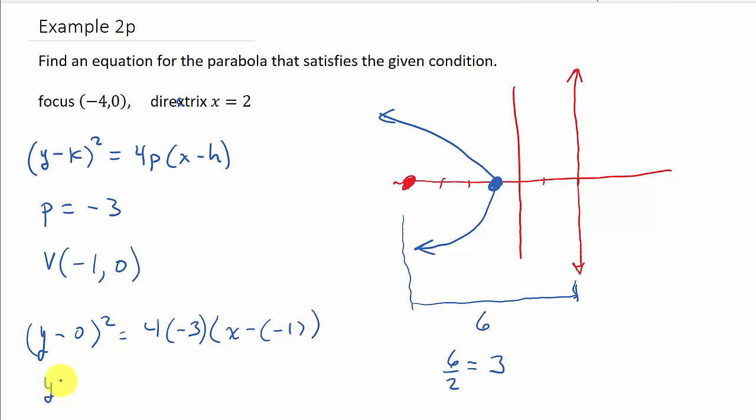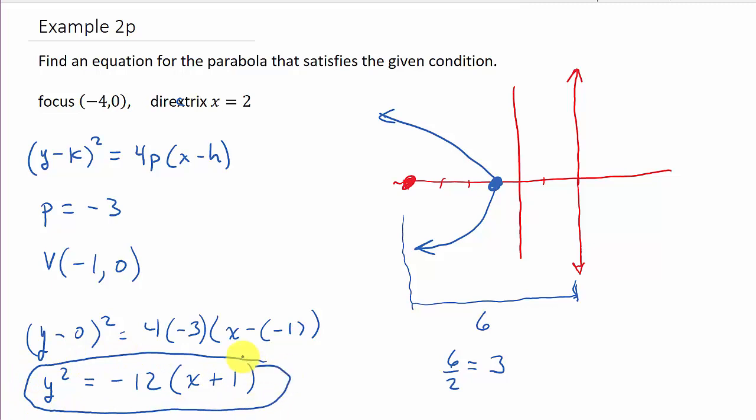And so I get y squared is equal to -12 times x plus 1. And this would be the equation of your parabola. So you see, if you just draw this stuff out, you can see it real easy. Just write down the equation that you need. Once you see how it opens, write down the one you need, and then get h, k, and p.